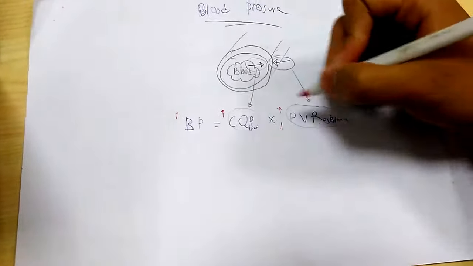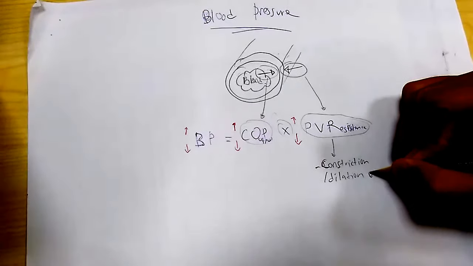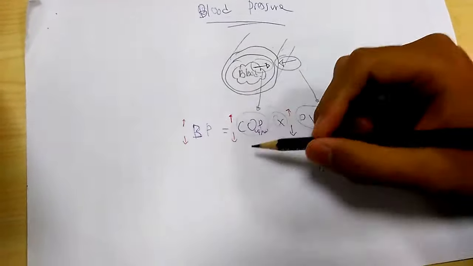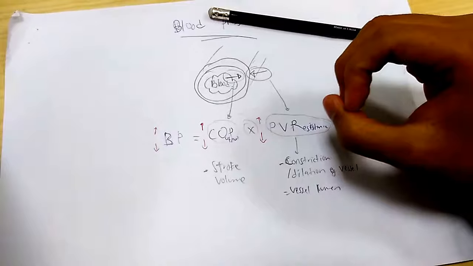The PVR can be influenced by the constriction or dilatation of the vessel, and the COP can be influenced by the stroke volume, meaning the amount of blood that is pumped by the heart in every minute. So this is constriction, and this is the vessel lumen, meaning the hole, the space inside the vessels.